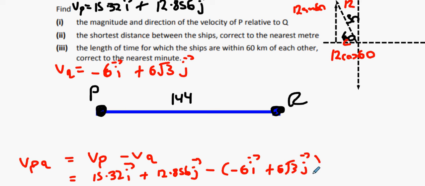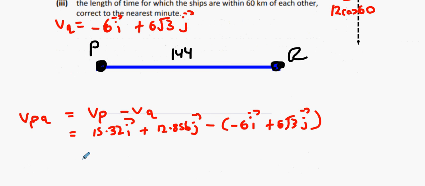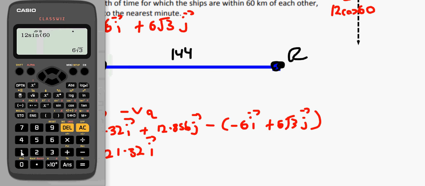Alright, so we're going to add the 15.32 to the 6 to get 21.32i, and then we're going to do 12.856 take away 6 root 3, and I get 2.46. So I think I'm safe with 2.46 now.